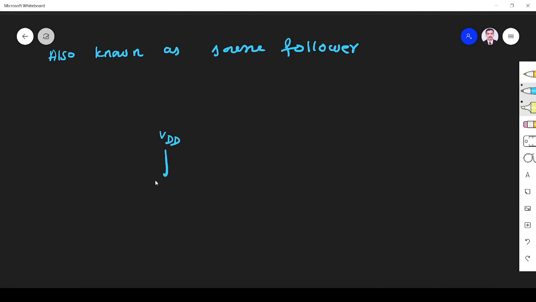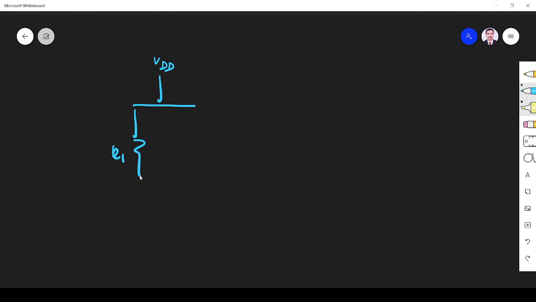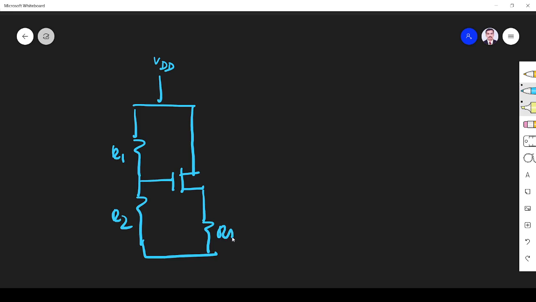So it is VDD. Then we have two bias resistors, R1 and R2. Then the MOS is like this. Here this is the source resistor RS.